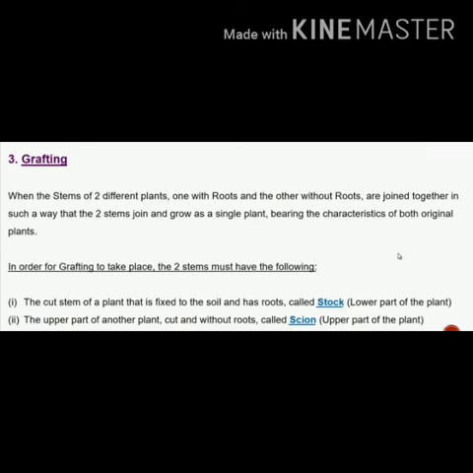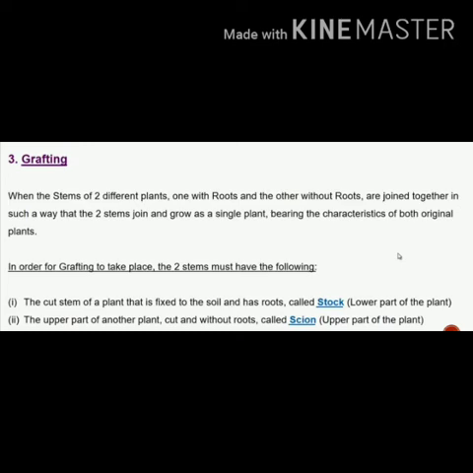Right. Now next is grafting. When the stems of two different plants, one with roots and the other without roots, are joined together in such a way that the two stems join and grow as a single plant, bearing the characteristics of both original plants.